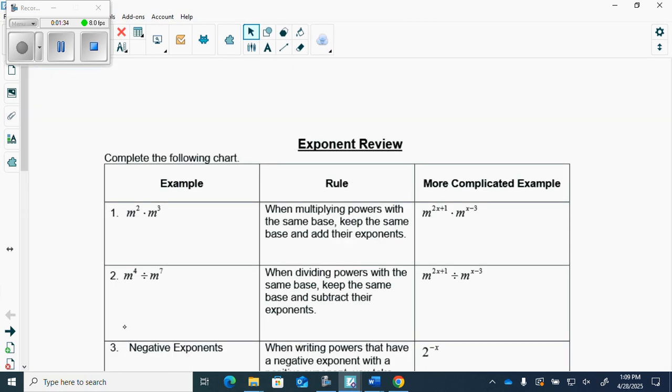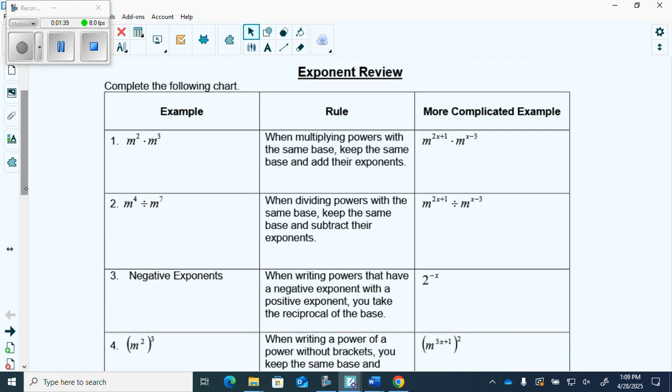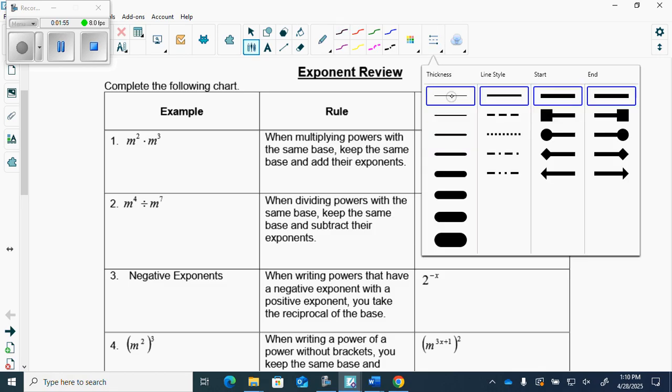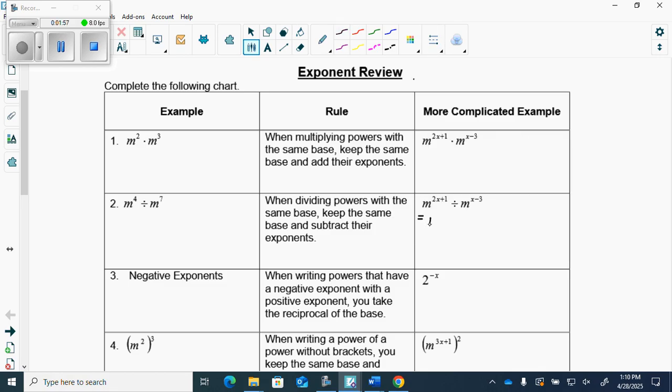So then we have the more complicated example over here. m to the 2x plus 1 divided by m to the x minus 3. Now you have to watch yourselves, because when we had adding, it doesn't matter, right? But when you have subtracting, you have to subtract all of the stuff behind the subtraction sign. So we show the intermediate step: m to the 2x plus 1, technically minus x minus 3.